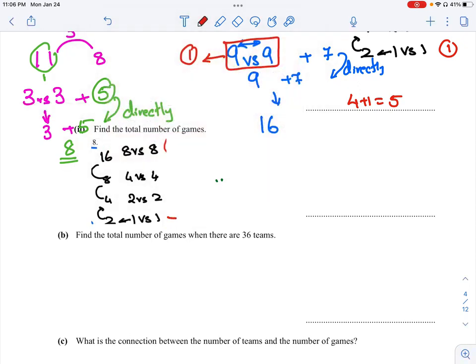We can see that one game is played over here, two games over here, four games over here, 8 games over here, 9 games from here. So totally 24 games are being played: 9 plus 8 plus 4 plus 2 plus 1.